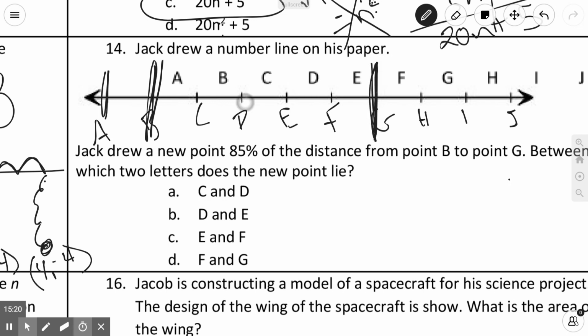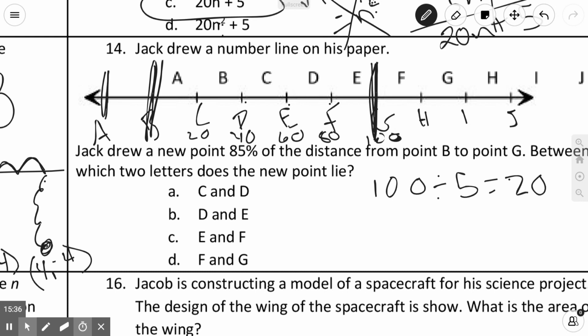So let's go. 1, 2, 3, 4, 5. So 100 divided into 5 groups is equal to 20. So let's label it. This is 20, 40, 60, 80, 100. So now I've got 85 will be somewhere right here. So that's between F and G. There's D.